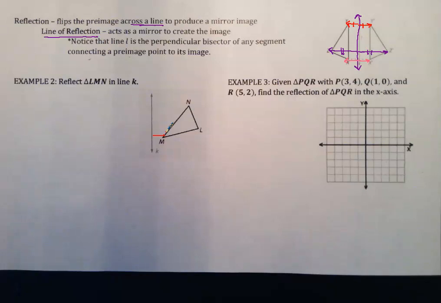Then I would go the other way and draw a line of equal length, put a point there, and label that M prime. Right, because they're equal distance from the line. The same way with L, I would measure the distance from my line to L, and then I would go the other way.